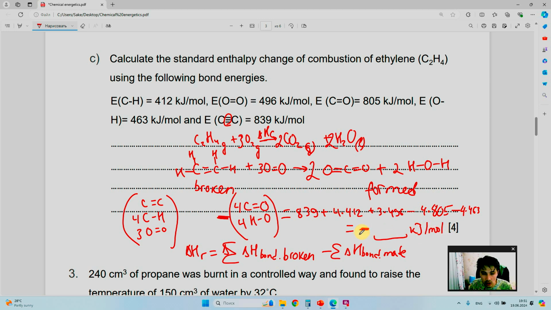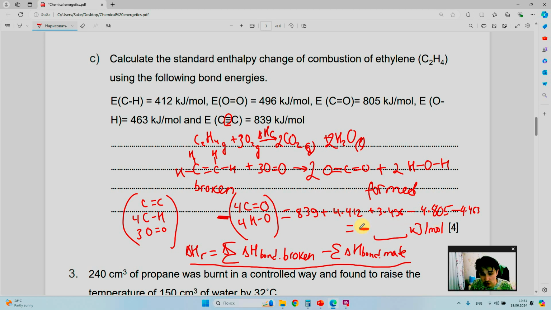So you'll get the first mark for taking this idea, if you're using bonds broken minus bonds made and following it. Second mark for the proper calculations and your value here.